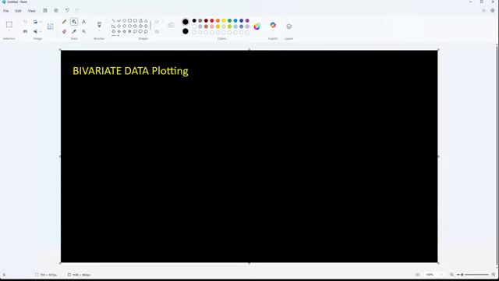Let's start with something easy like line graphs. All right, so we're going to do line graphs now. Line graphs, not a line plot, a line graph. Okay, line graph, right?